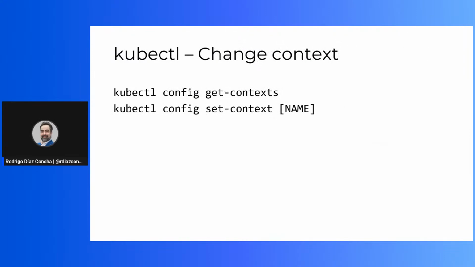I mentioned that you can change your context, and this is because you can control different clusters by using the same kubectl command. So you need to set the context and use the context by using kubectl config set-context or use-context and the name of the context that you want to use.